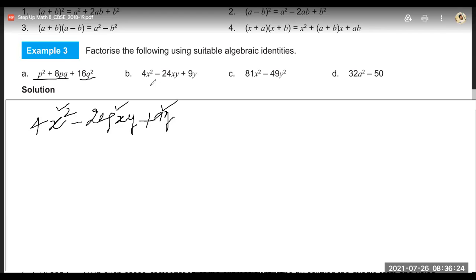Just a minute. 4x squared, 2x whole square.